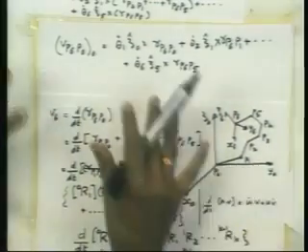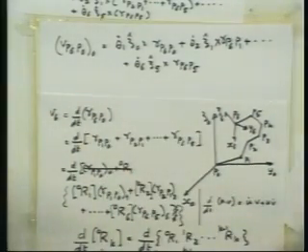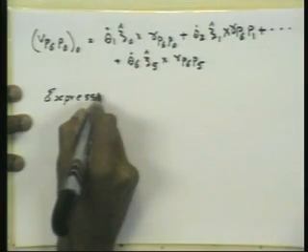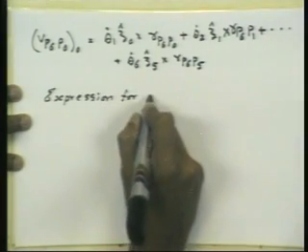Okay, now we have got an expression for angular velocity and linear velocity. Now we will put that together into finally the expression for the velocity of the end effector. The velocity of the end effector consists of two separate terms, or velocity of the kth link of the serial chain. Expression for it.